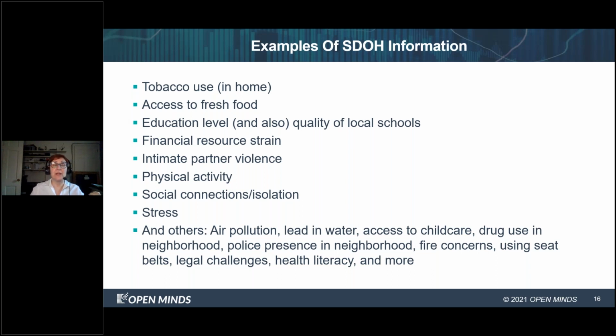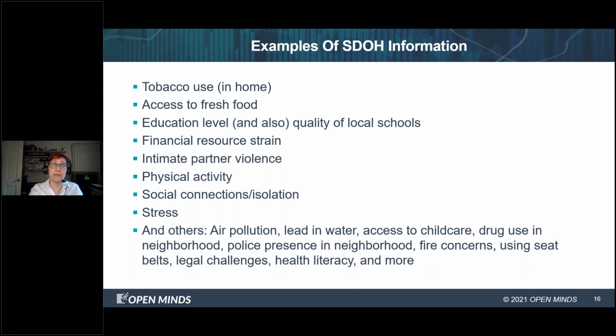Access to fresh food, education level, quality of local schools, financial resource strain, intimate partner violence or being near intimate partner violence, engaging in physical activities, having social connections, overall stress, air pollution, lead in water, access to childcare, et cetera. So there are tons of things that are associated with social determinants of health, and that lead to a whole person effect.